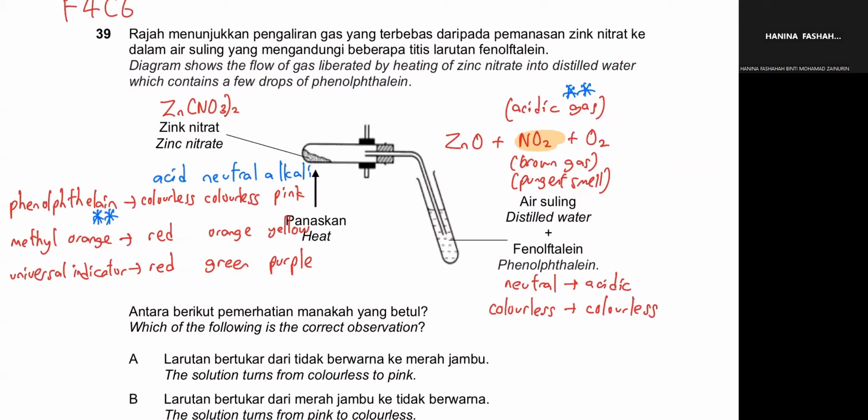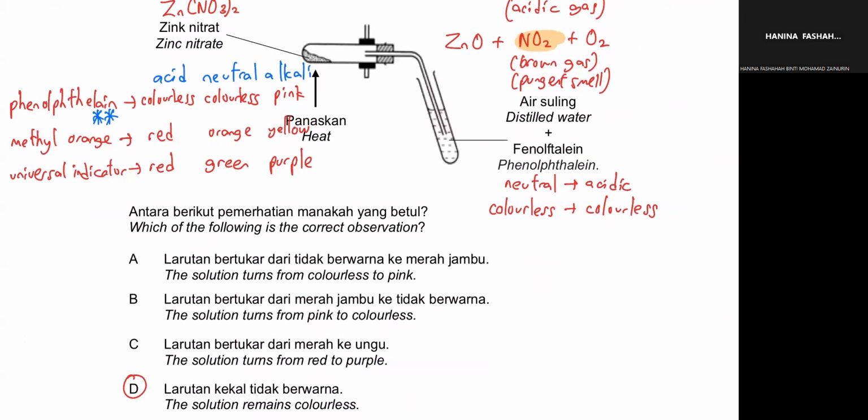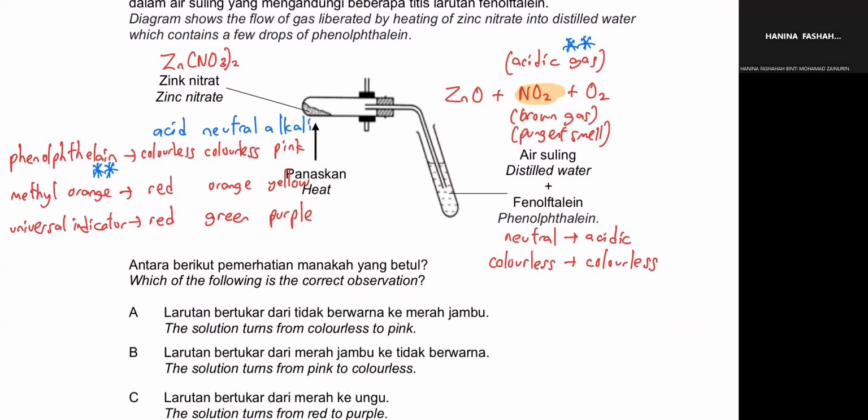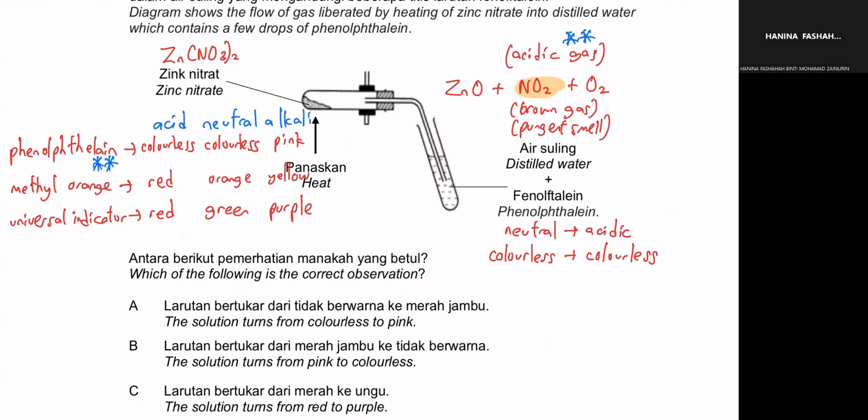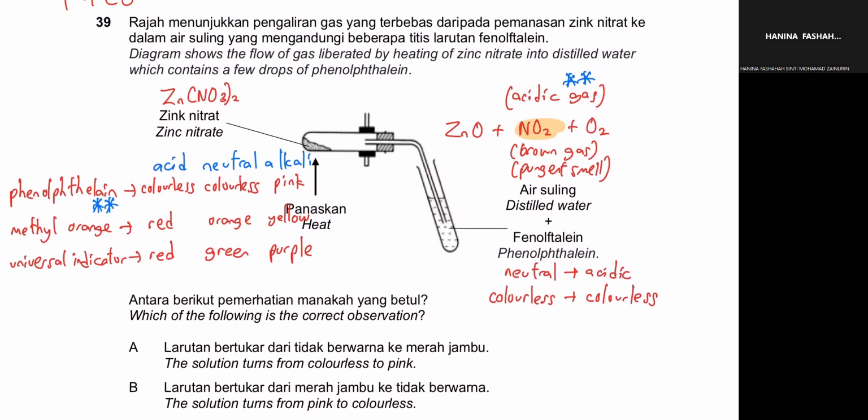Question 39 is D. This one is Form 4 Chapter 6, heating of salt, remember? Heating salt has two types, carbonate or nitrate salt. Nitrate salt produces two gases, nitrogen dioxide and oxygen. If it's carbonate, then it only produces salt and carbon dioxide.